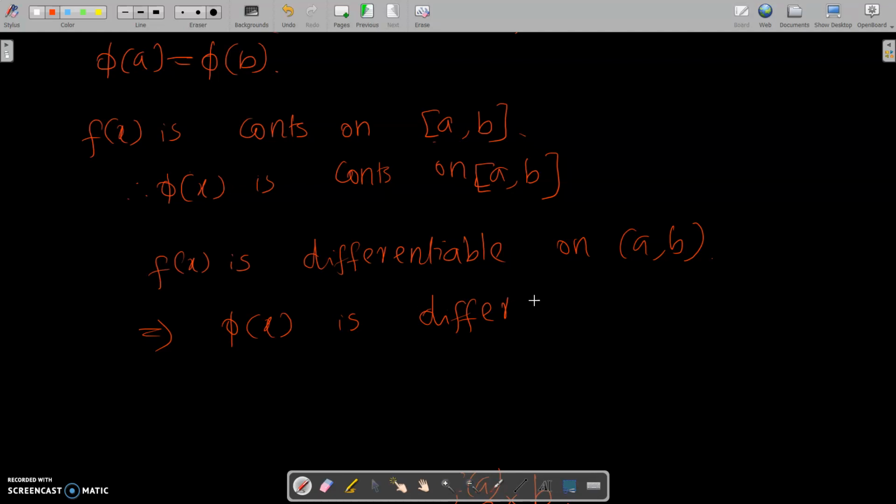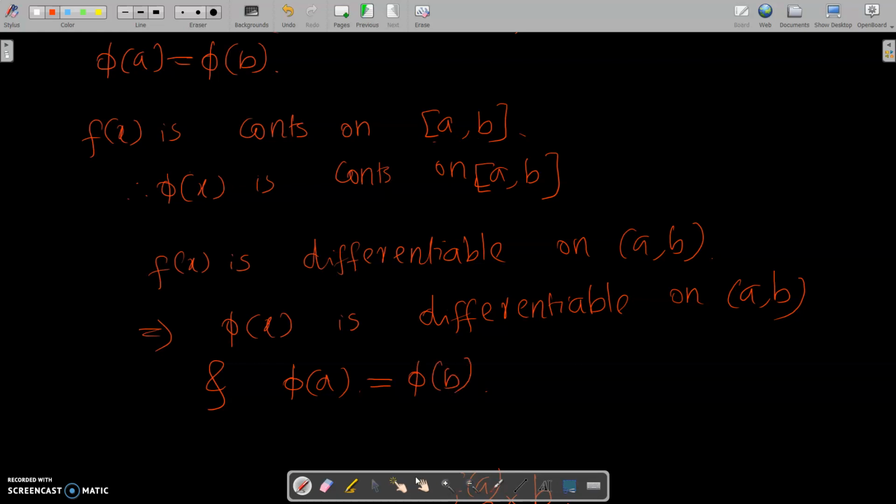F of x is differentiable on the open interval (a, b), so phi of x is differentiable on the open interval (a, b). And also we have found that phi of a is equal to phi of b.